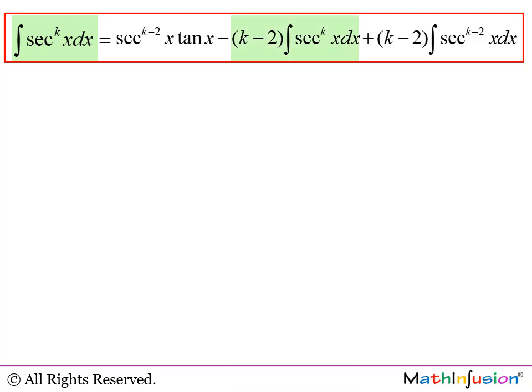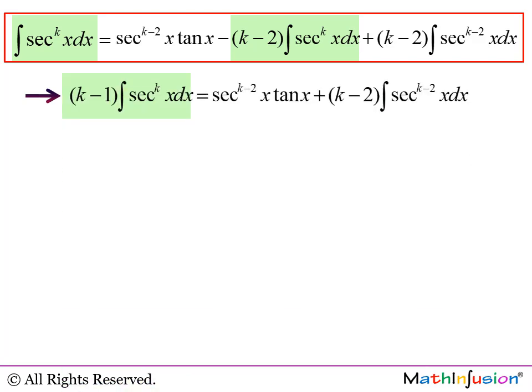So as you can see, both of those integrals are integrals of secant^k x dx. And the leftover, I really don't care, it's just a leftover. What's nice about this leftover is that it includes an integral of a lesser degree than k. Now the degree of the secant x is k minus 2. So now let's combine everything and be really careful with the algebra.